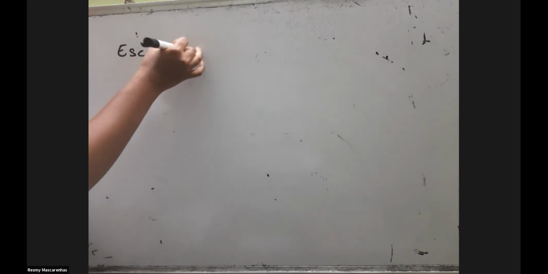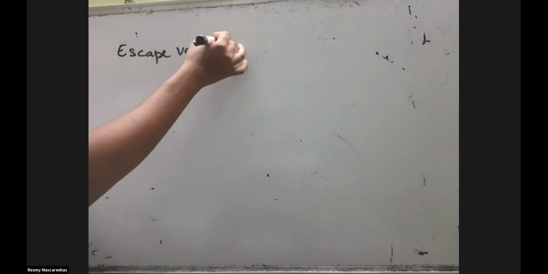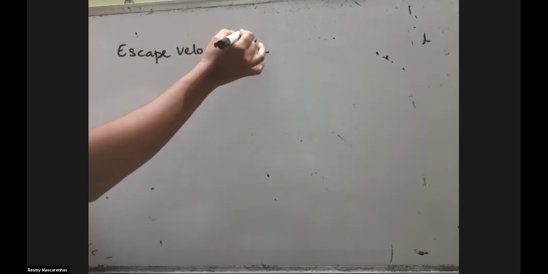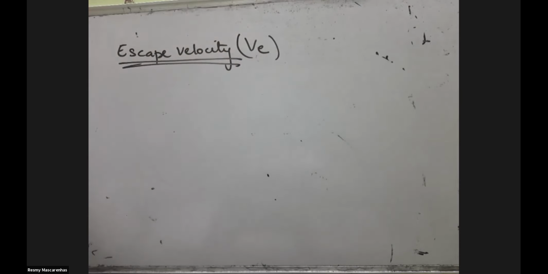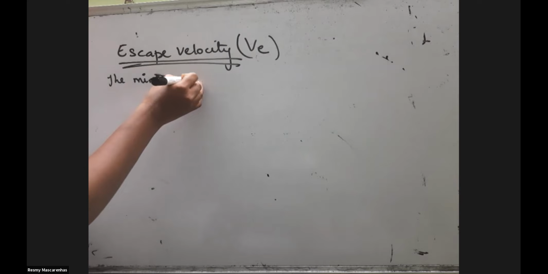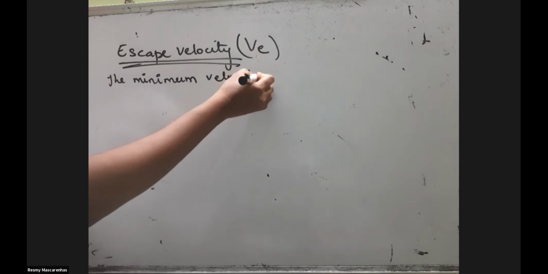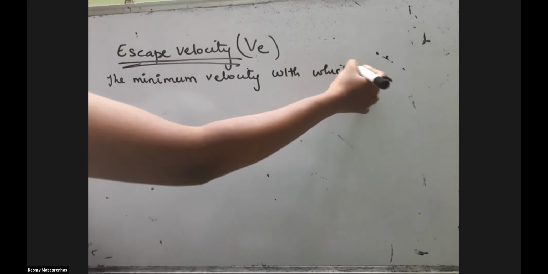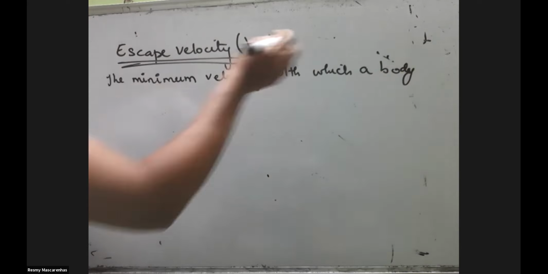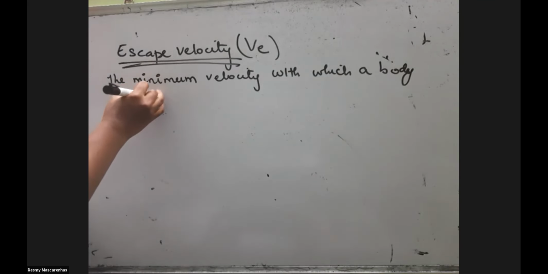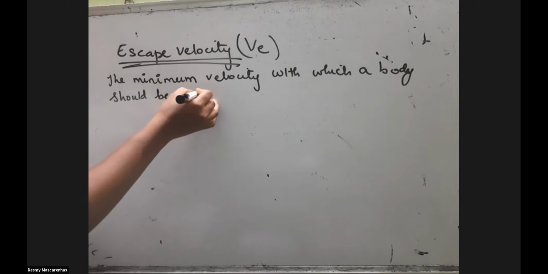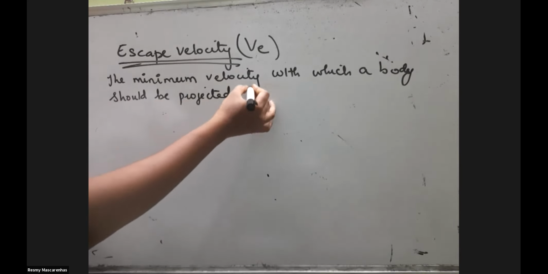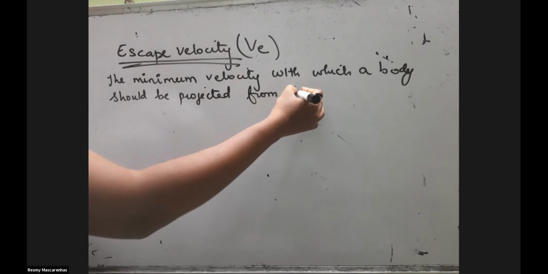What is it? It's nothing but the minimum velocity with which a body should be projected from the surface.